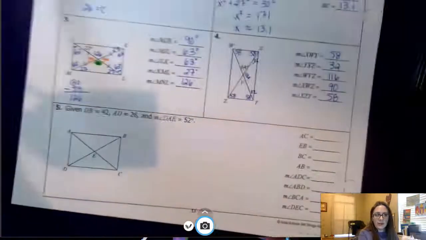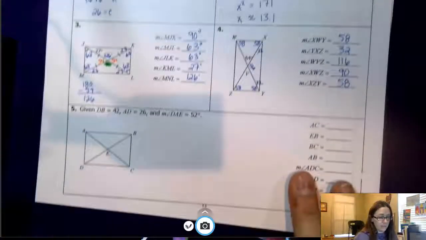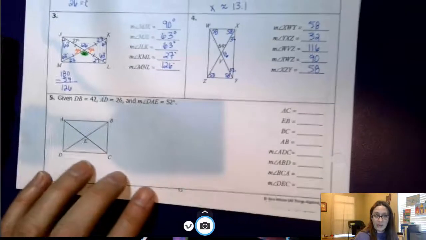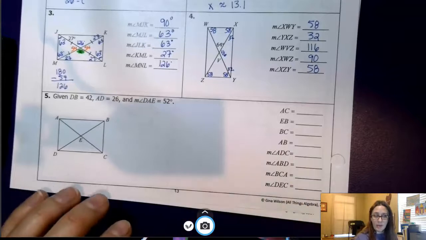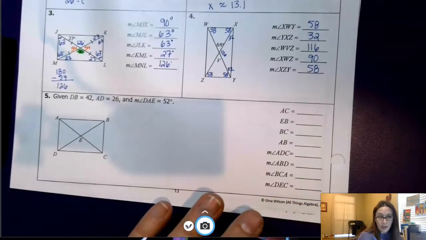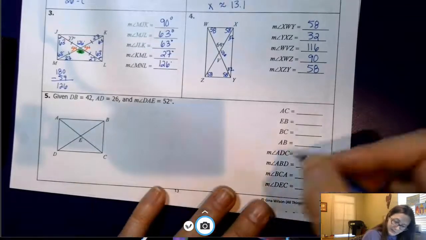Okay, this one is very, very similar. I am just going to write the answers down in a minute. Go through this, label everything you know. Can you answer it? Come back and check your answers right now.